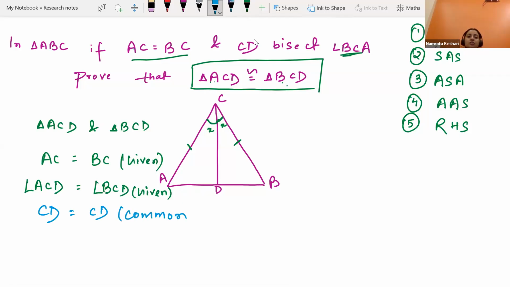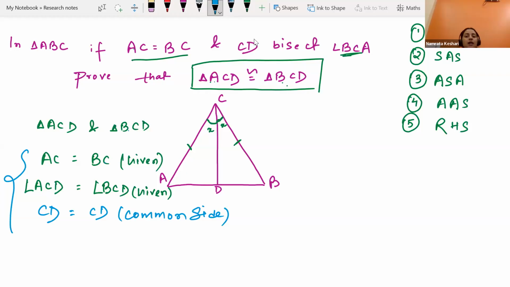Now think about it, which congruency criteria is working over here? Mark it in any one of the triangles. You must be writing in your copy, right? Maybe mark everything in triangles ACD and BCD and check it.